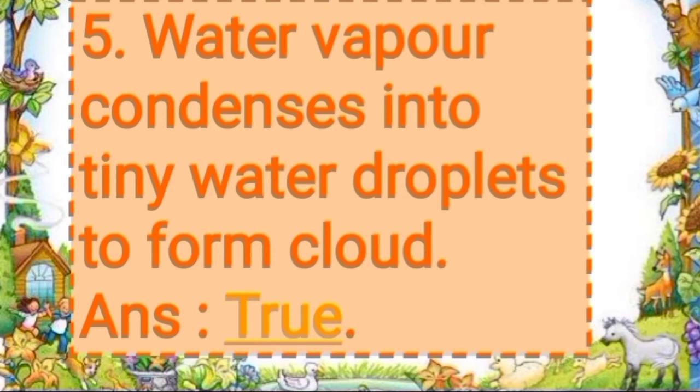So the question is, water vapor condenses into tiny water droplets to form cloud. Answer true, means the following statement, water vapor condenses into tiny water droplets to form cloud, is true.